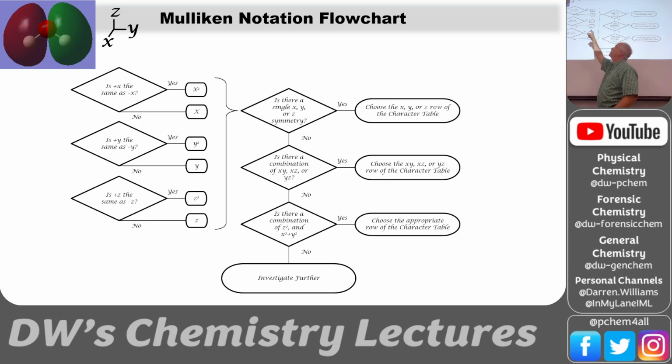And so the first question, is the positive X the same as the negative X in terms of the color change? So I'm coming out and I see that one side's red, the other side's green. I go back and the one side's red, the other side's green. I haven't seen any change as I walk along the X-axis. Okay. So I would say, is it the same as? Yes.